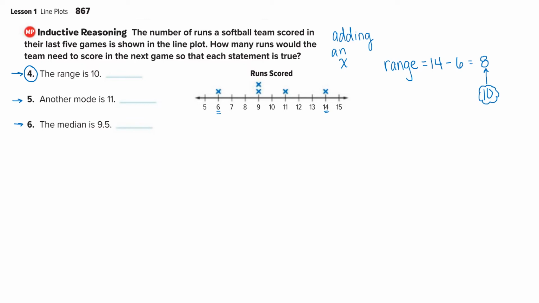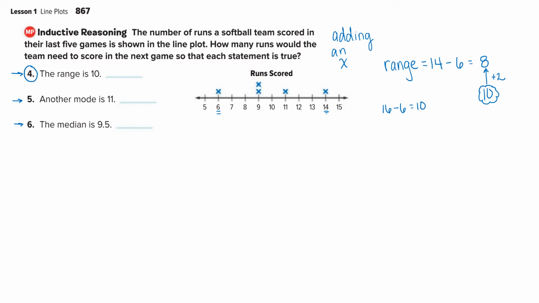This means we need to increase the range by 2 runs. We can do this by increasing our maximum by 2 and making it 16. So if there's an X here at our next game, our maximum would be 16 and our minimum would be 6, and that would equal 10.